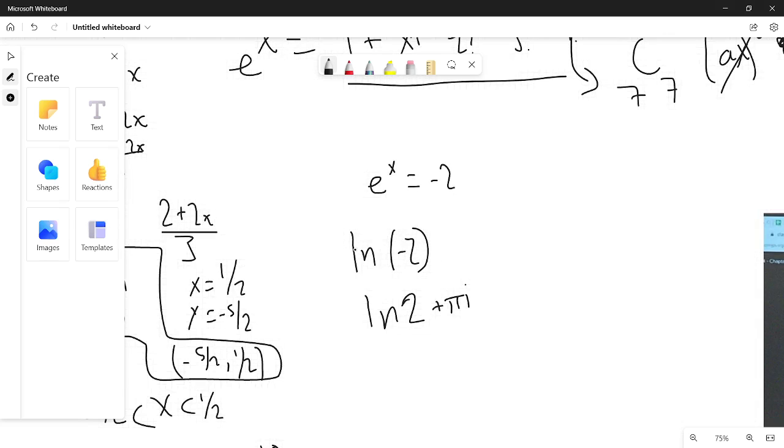So here, if we solve for x, we get this and then this. So that's the natural log stuff. I think most of that is fairly straightforward, but you can try that on your calculator quick again. Negative 2. It gives you the plus pi i.